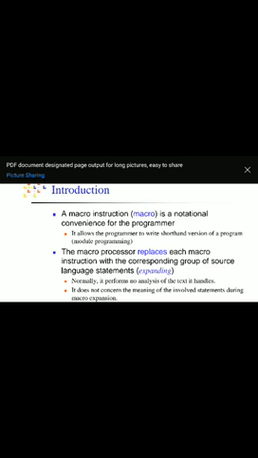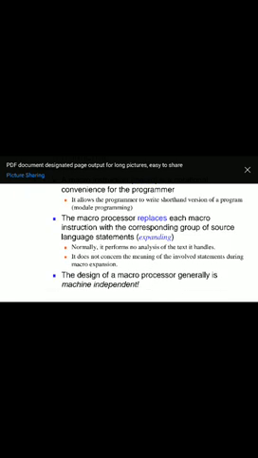So your macro processor is going to expand all the instructions which are there under the macro. You can see a definition here: a macro processor replaces each macro instruction with a corresponding group of source language statements. It means that whenever you invoke the macro, it's going to expand that macro.